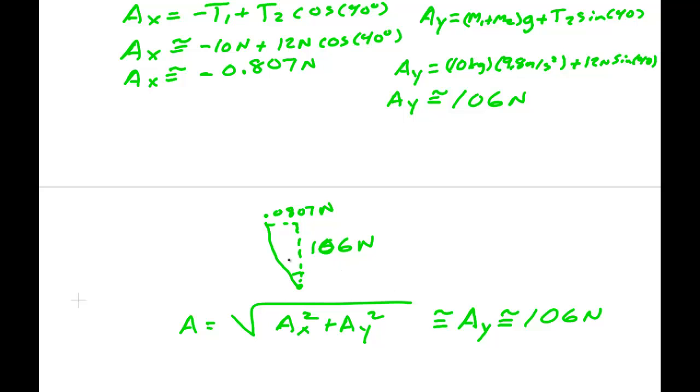We also need this angle, and in fact really going all the way back over to that angle, theta. To find phi, that's the inverse tangent of 0.807 newtons over 106 newtons, which is going to be a very small angle. .436 degrees.